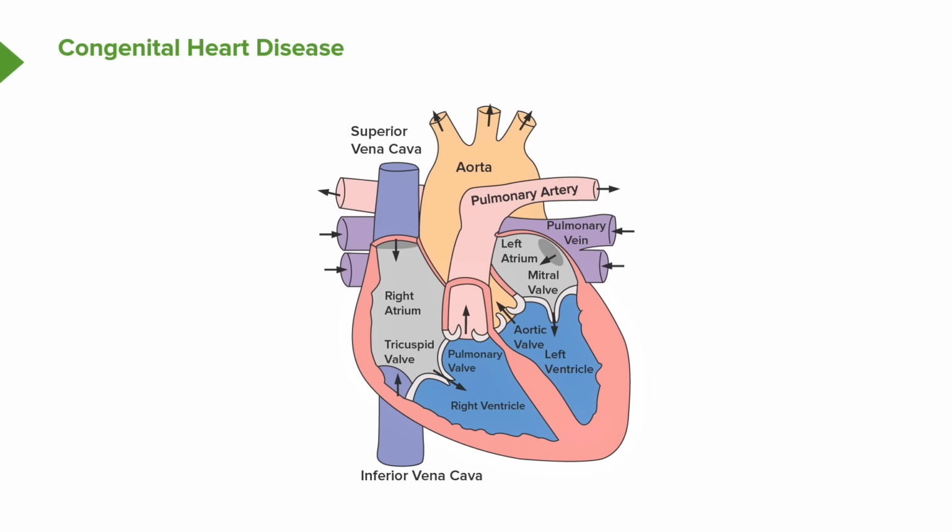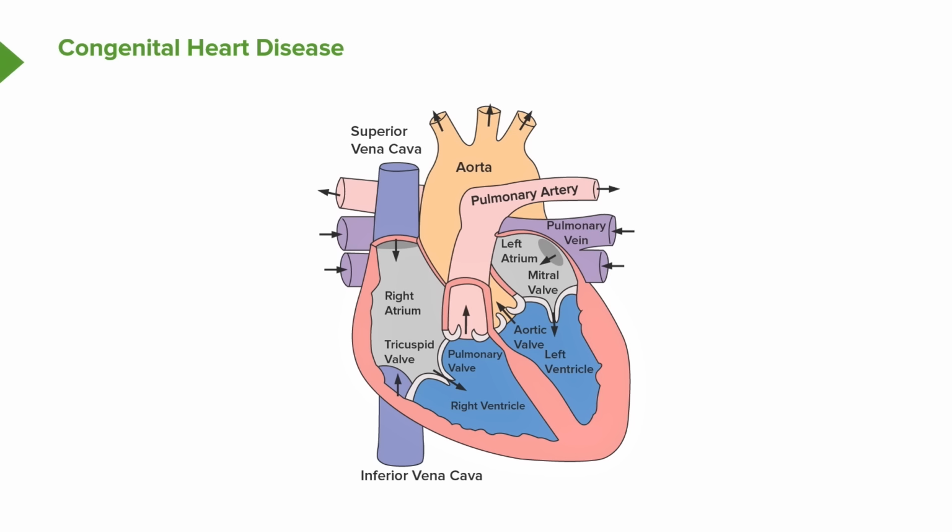So you can imagine there are all kinds of problems that can occur in this very complex structure. There can be holes in the heart. There can be obstructions to outflow. For example, the valves are misshapen. You can even have the ventricles switched so that the left ventricle is pumping to the pulmonary arteries and the right ventricle is pumping to the aorta.